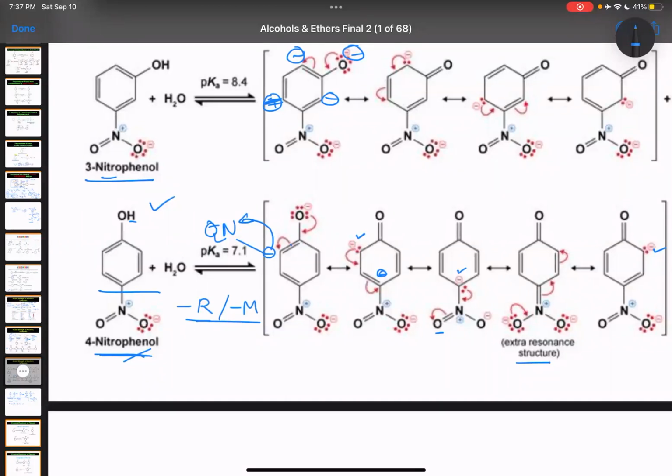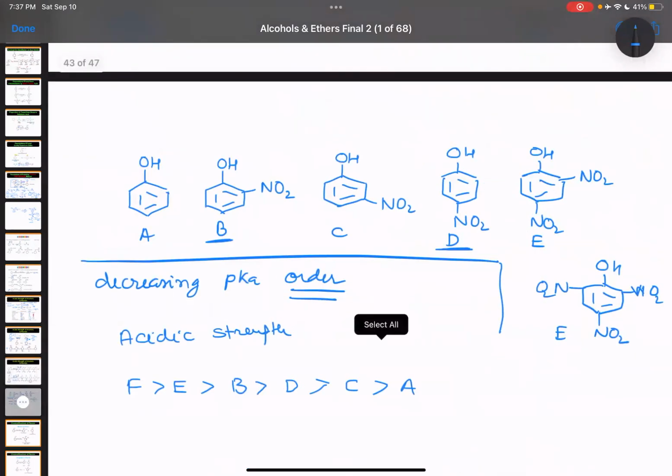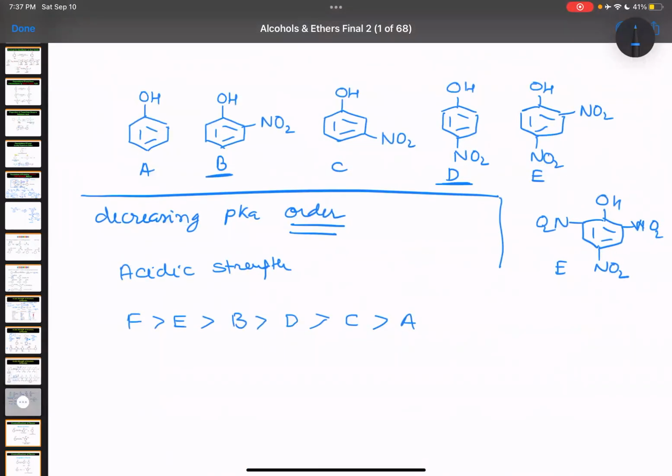So I need to choose B and D first, but most people say B because the NO2 group is close. Because the NO2 group is closer to the OH group, it pulls the electron more strongly from the O minus, and that's why B should be more acidic. Minus I is more, minus R is there. Someone will say the minus charge will come on the NO2 group in D also, so D is also more acidic.